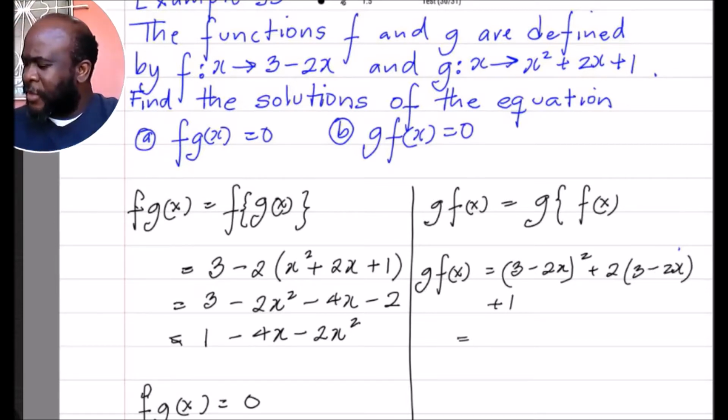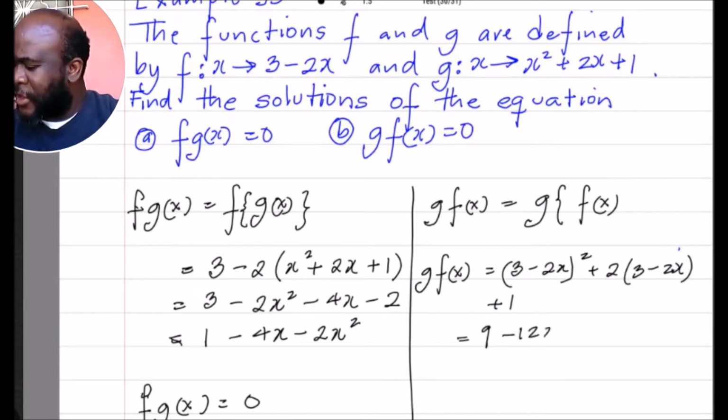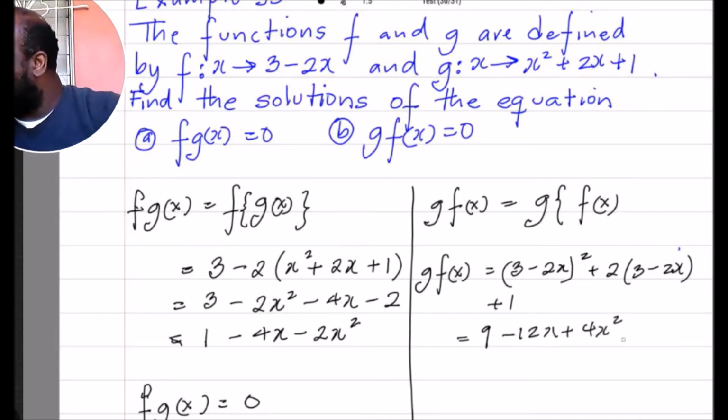With binomial expansion, you're going to get 9 minus 12x plus 4x squared plus 6 minus 4x, and then at the end plus 1.